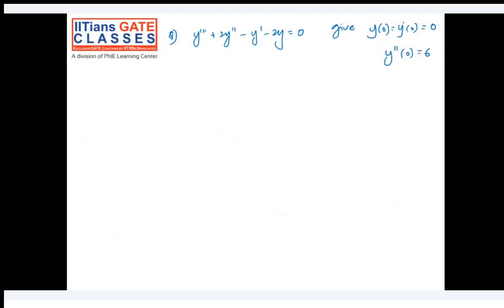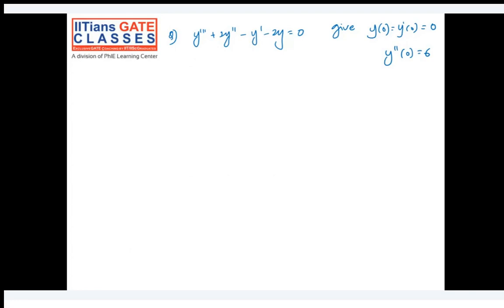So basically you can solve the problem by normal differential equation. You know how to solve by using, let's say, CF plus PI method. In this case it's a homogeneous differential equation, so only CF is the function. In some case it can be non-homogeneous, so you have to use the CF plus PI method. So that is still valid.